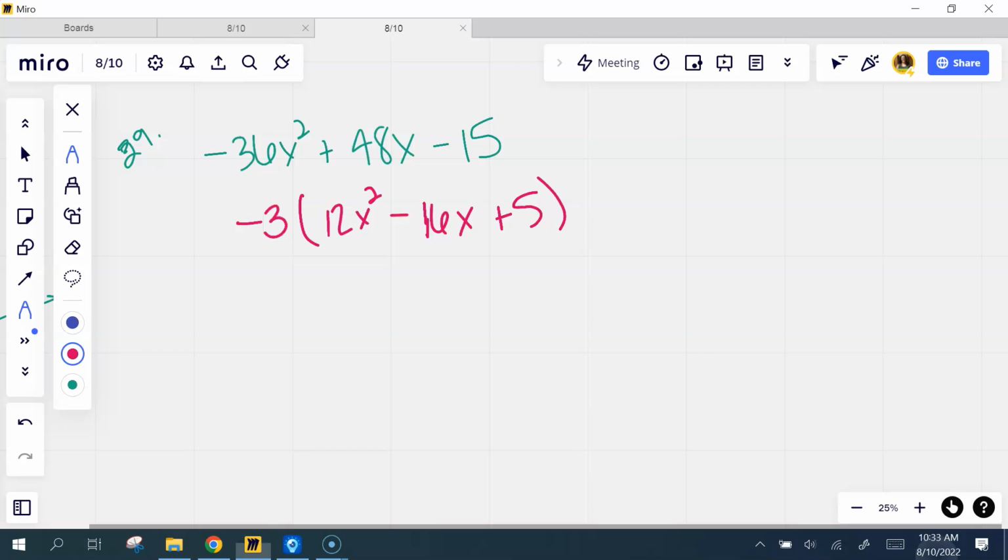So now what multiplies to 60x squared but adds to -16x? There you go. -10x, -6x. Is everybody with me on that one? So this 3 is just going to follow right along.